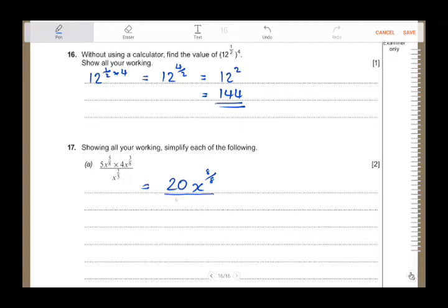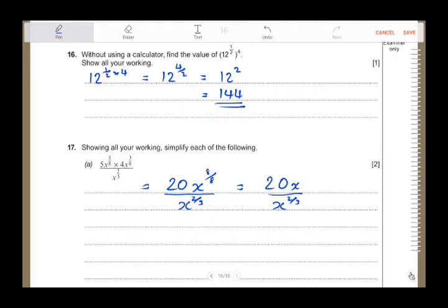Okay, and that's all over x to the 2/3. 8/8 though is equal to 1. So that's 20x to the power 1, we don't need to write that, over x to the power 2/3. Now we can simplify further, because we've got an x in the numerator and x in the denominator.